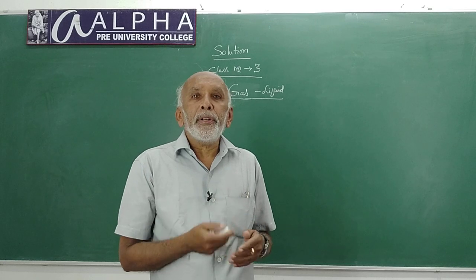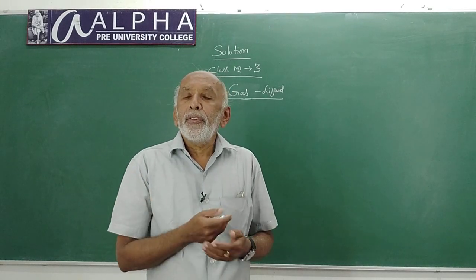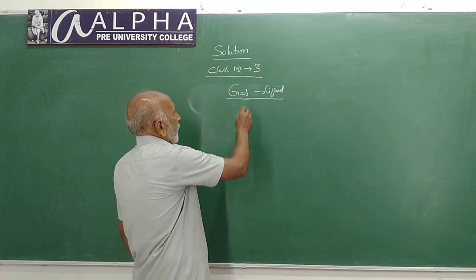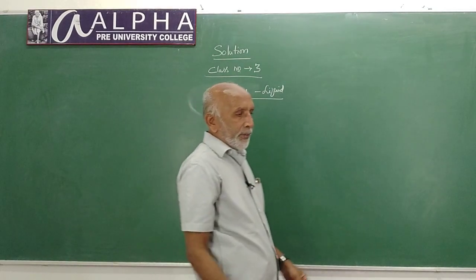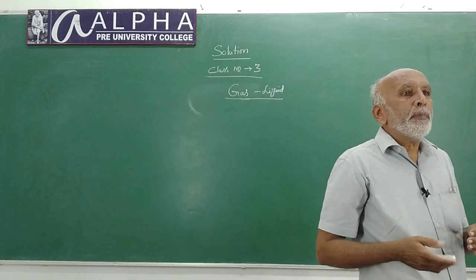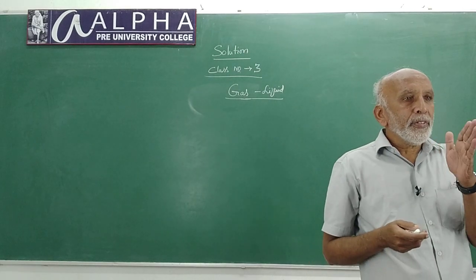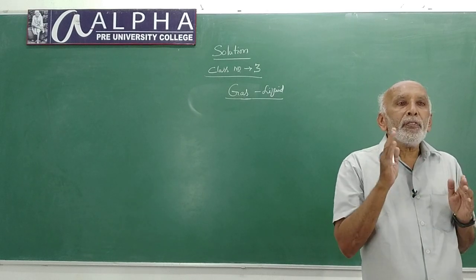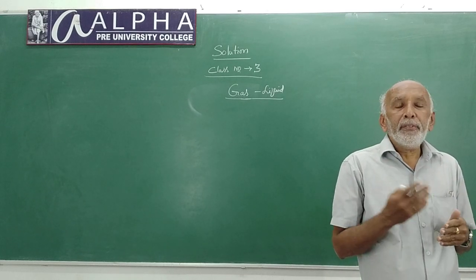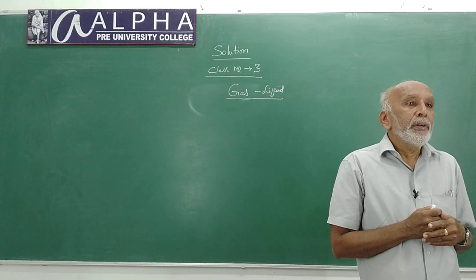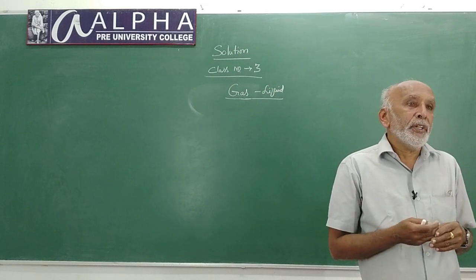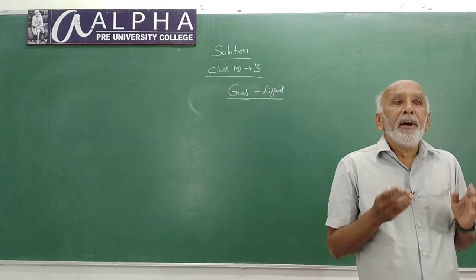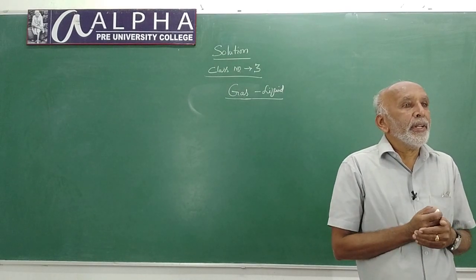Here also, the solubility of gas in liquid depends upon the nature of the solute, that is the gas, the nature of the solvent, that is the liquid, temperature and pressure. All these four factors influence the solubility of gas in liquid.